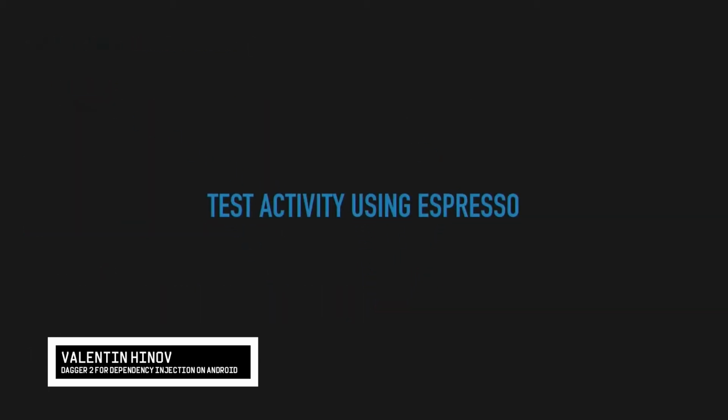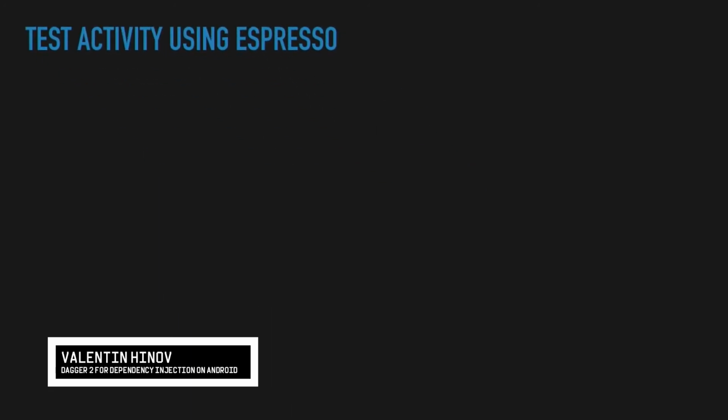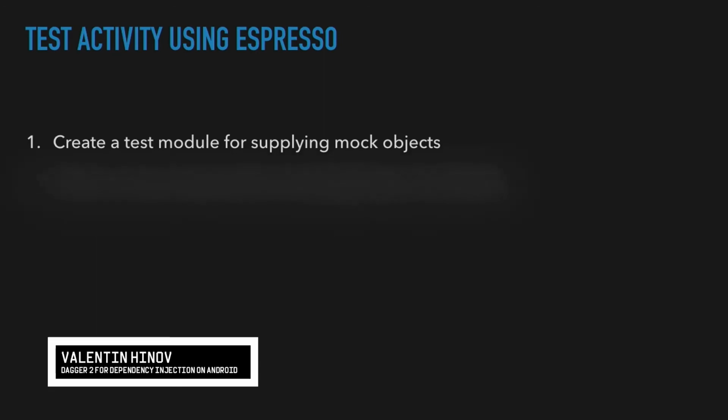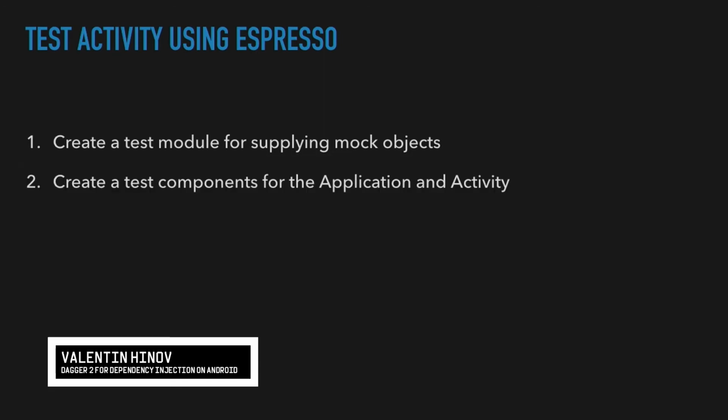But if you want to test an activity with Espresso, you are not going to have a bad time, but you're going to have a longer time to actually set it up. Now, to test an activity using Espresso, you need 5 steps. The first one, you need to create a test module for supplying your mock objects. Then you need to create a test component for the application and the activity in question.